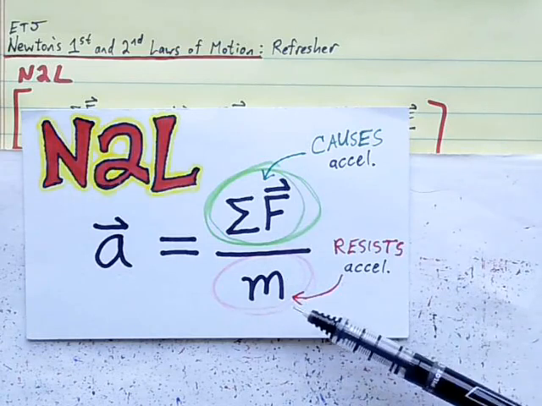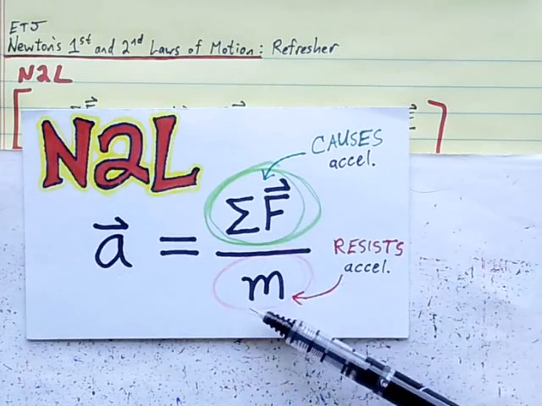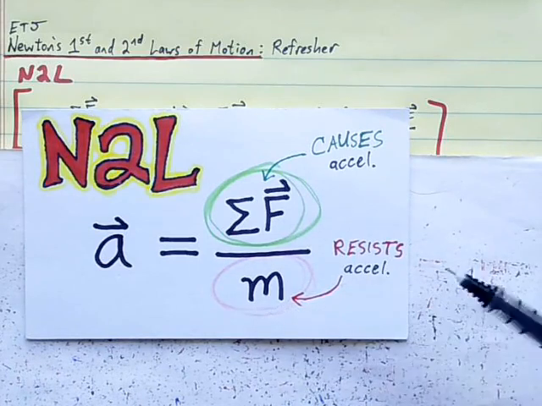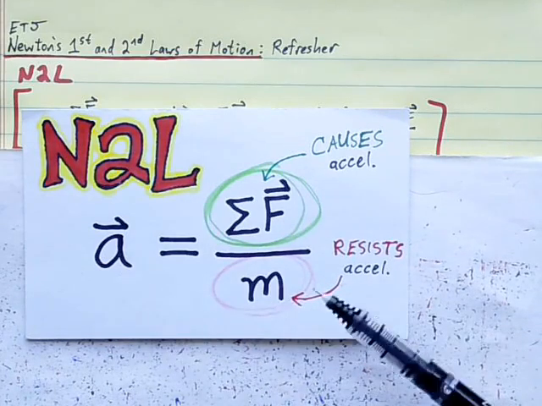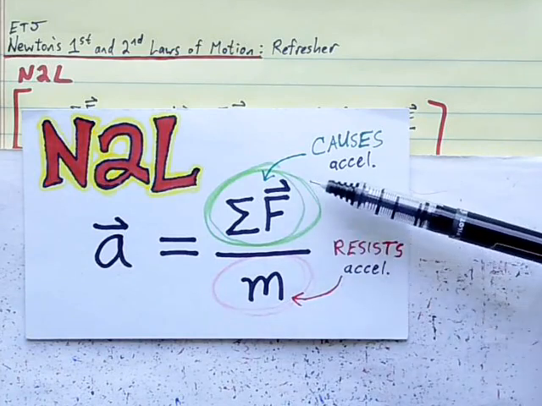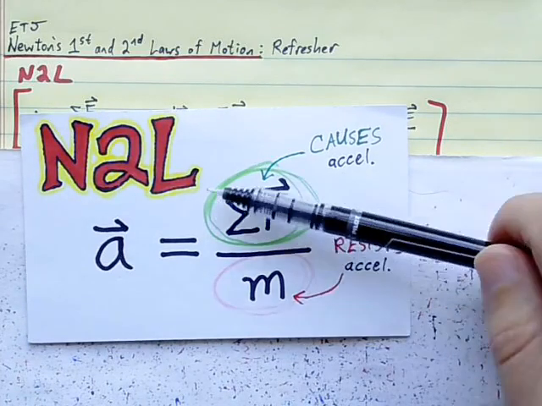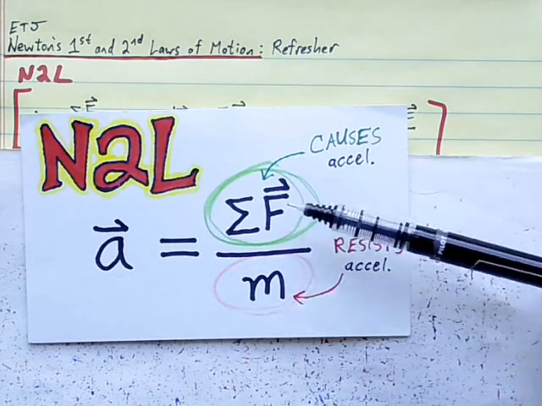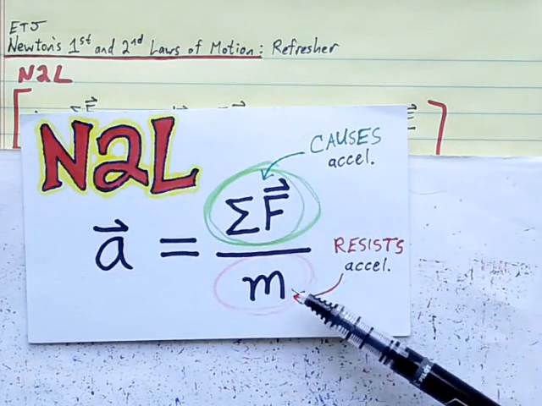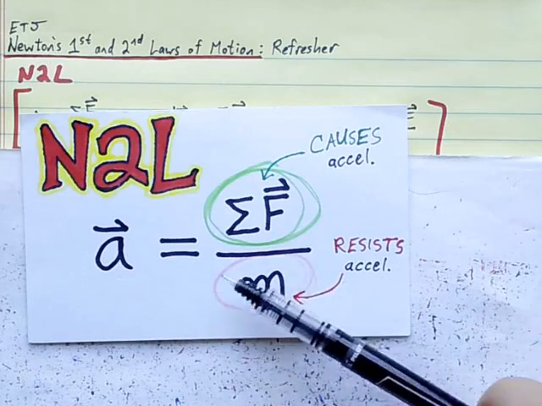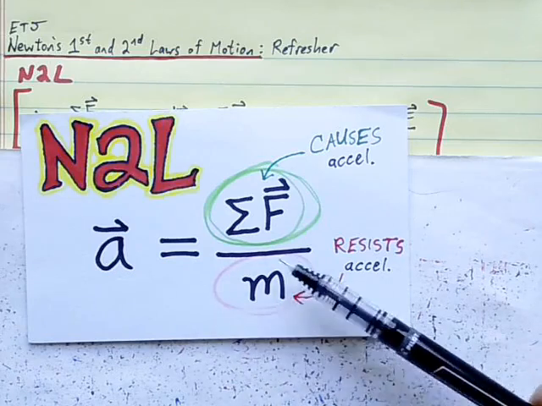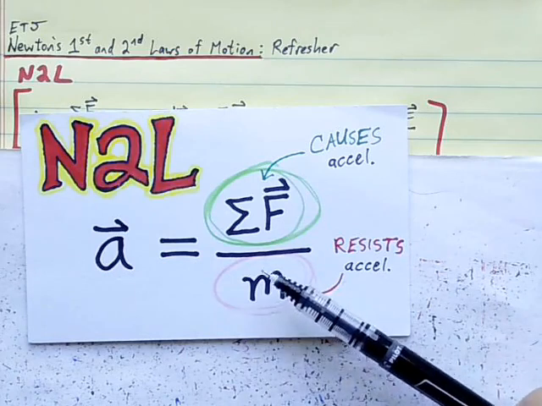The mass represents the inertia that the object possesses, that resistance to acceleration. And so N2L is all about this ratio of the things that are trying to cause acceleration, the interactions with other objects, versus our object's own property of inertia, the resistance to all attempts to accelerate.